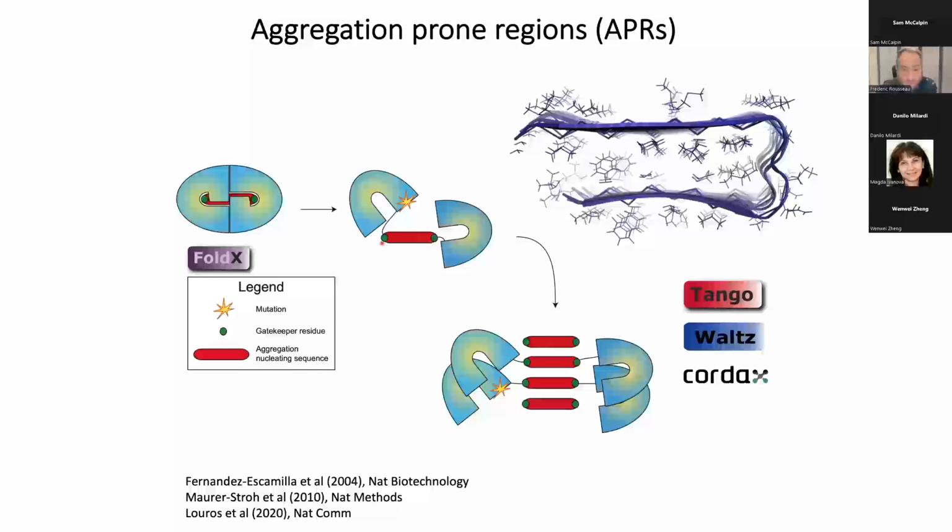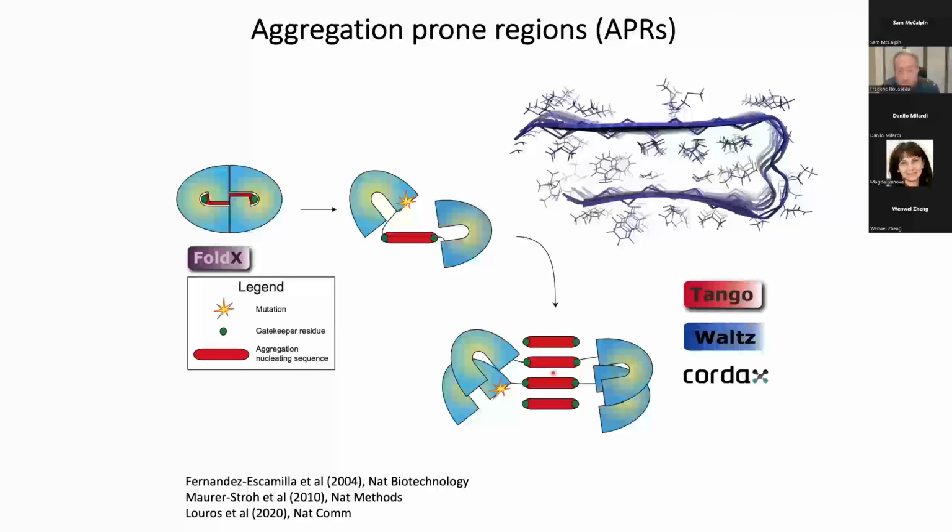And by unfolding, they actually display specific segments in their sequence, which we call APRs. And these APRs are segments that like to interact with identical segments in other molecules to form beta-sheeted, beta-structured aggregates, which can be amyloid or amorphous, but generally are enriched then in this beta structure. And so that's how the general introduction of APRs went.